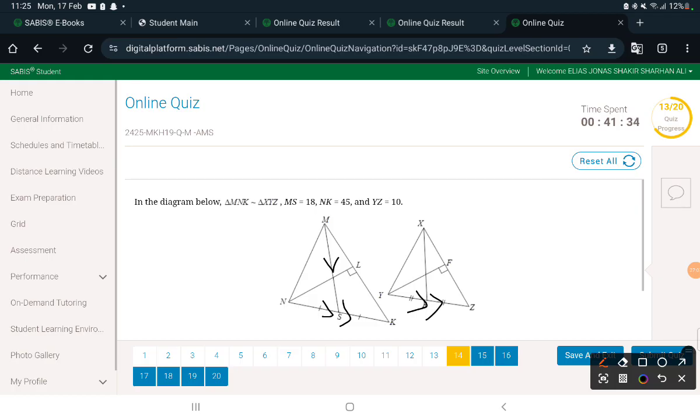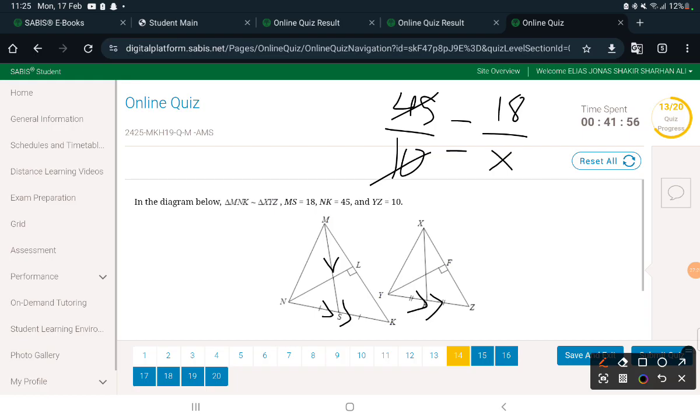Okay, so anyway, NK, which is 45, over YZ, what it's similar to, which is 10, we have MS, which is 18, over XR, which is just X. Simplify, divide the top and bottom by 5.